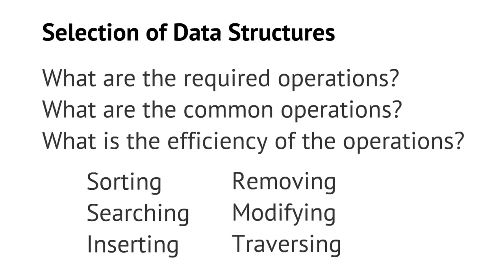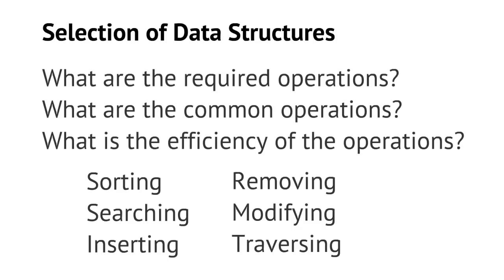Are we going to be inserting or removing data a lot? If it turns out that we do a lot of searching in comparison to doing very few insertions or very few removals, then that would make us select one data structure over another data structure. So it really is an idea of trade-offs and figuring out how you want to represent your data and how that data is going to be used.